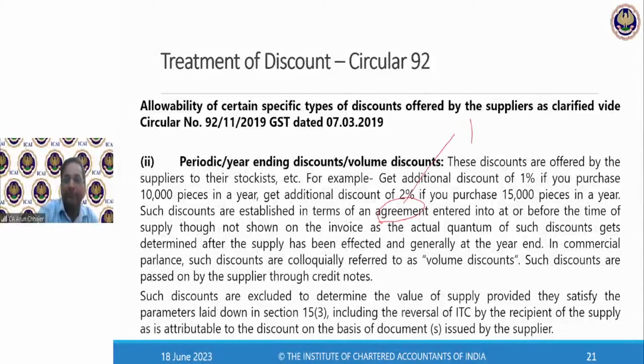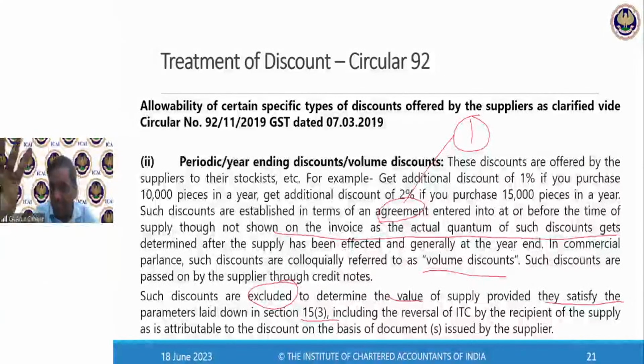Condition number 1. Not shown on the invoice as the actual quantum of the discount gets determined after the supply. In commercial parlance, such discounts are called volume discounts. Correct? We have already discussed. Such discounts are excluded from the value if the 3 conditions are satisfied. What are the 3 conditions?